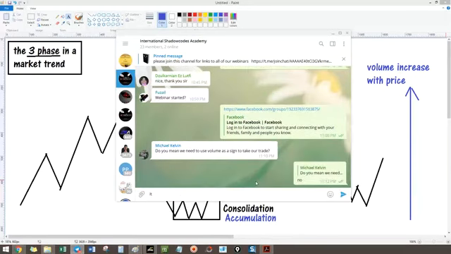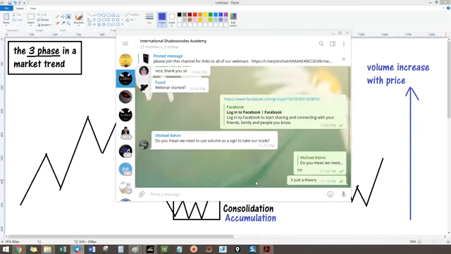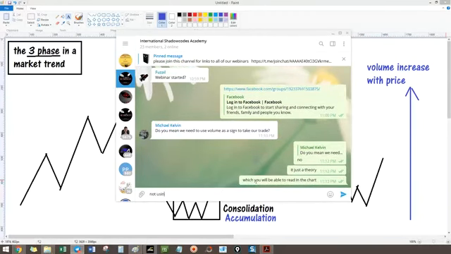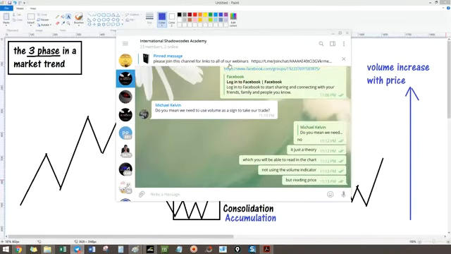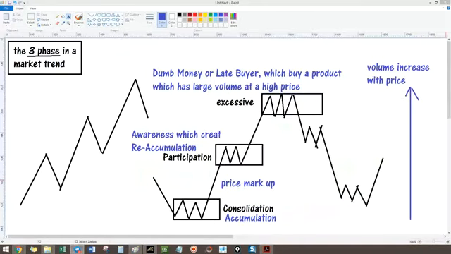No, it's just a theory which you will be able to read in the chart, not using a volume indicator, but reading price. All right, I will proceed.